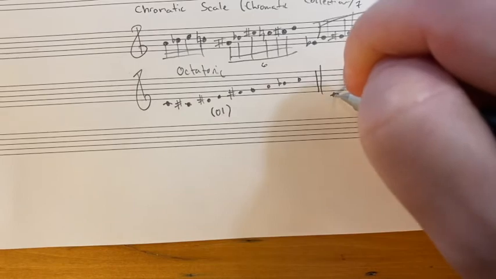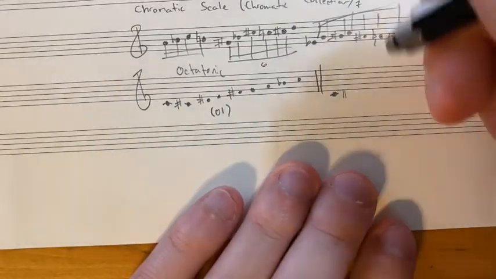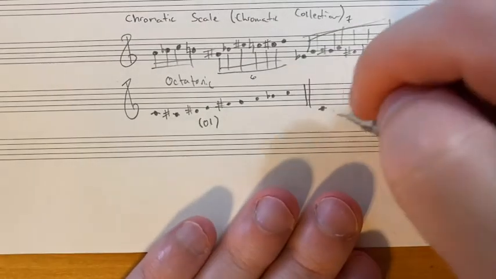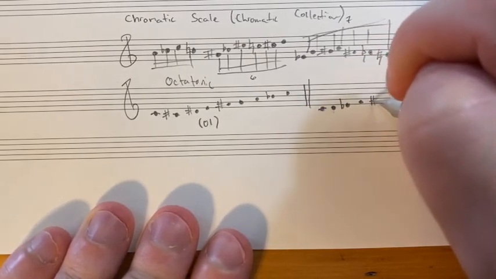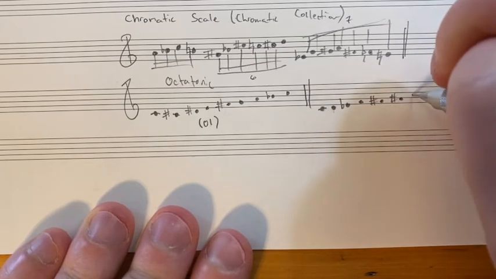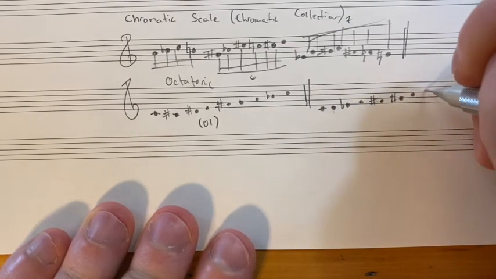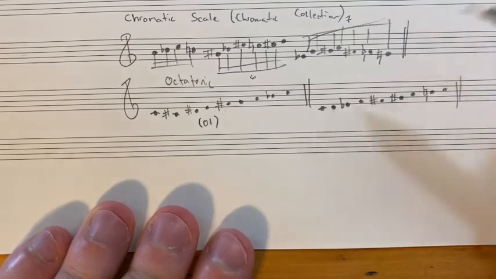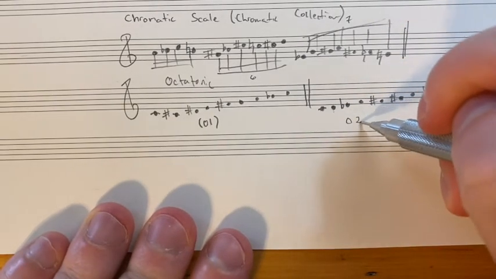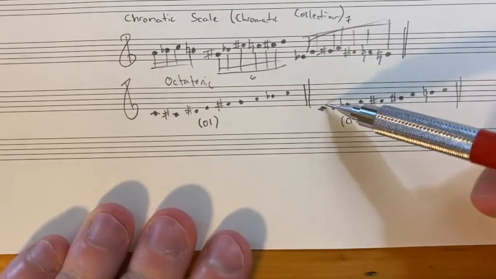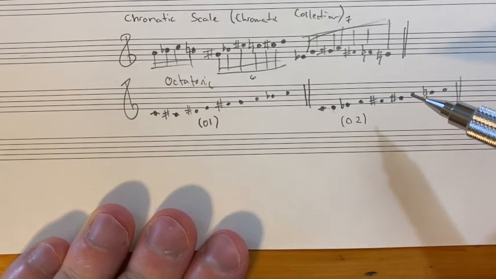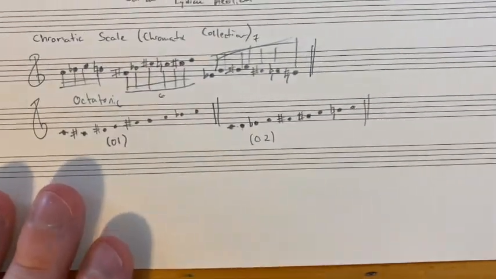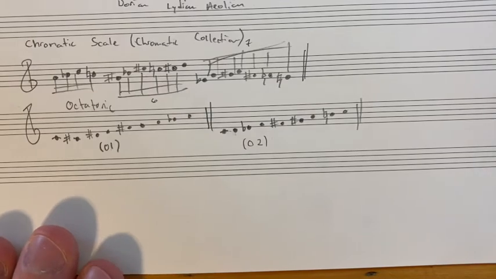And if you were to start the octatonic scale on C, but start with a whole step and move from there, you'd get another octatonic scale that we might call 0, 2, because it starts with the whole step of C to D. There are additional octatonic collections you can have.